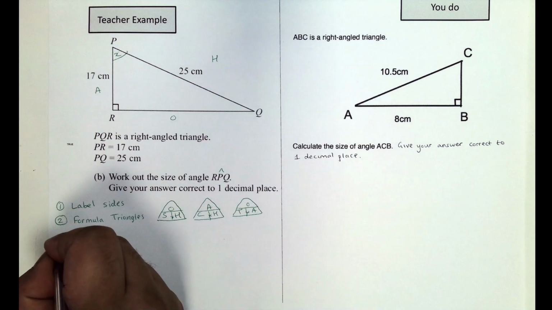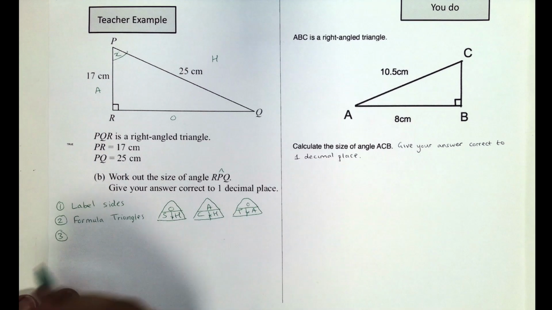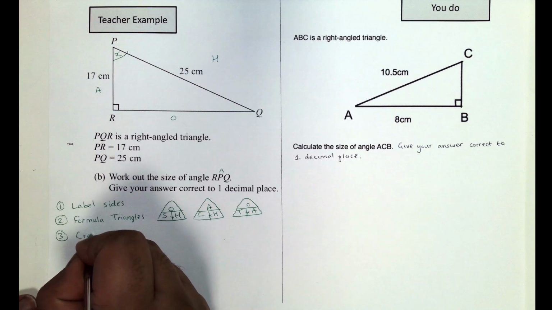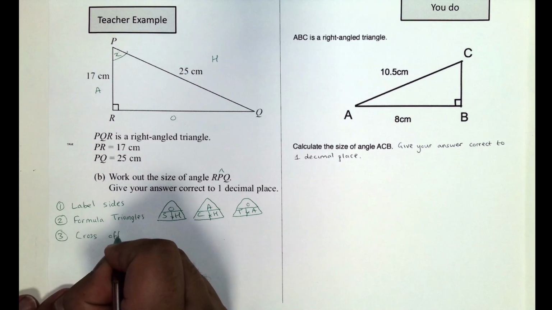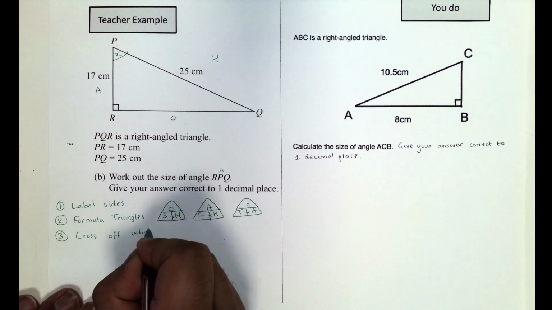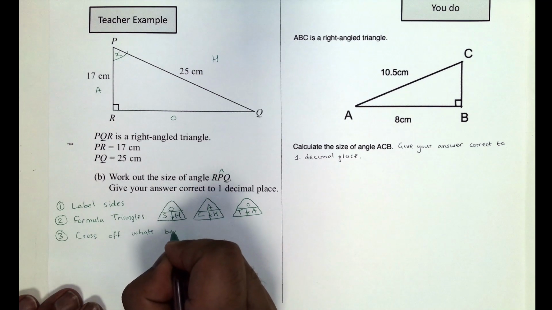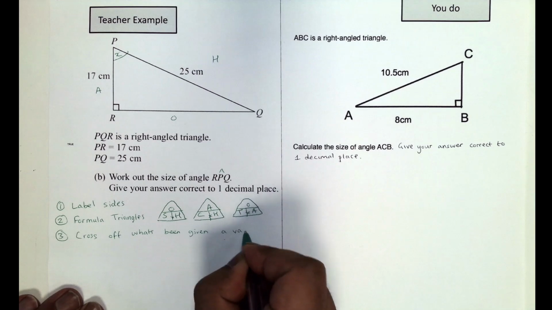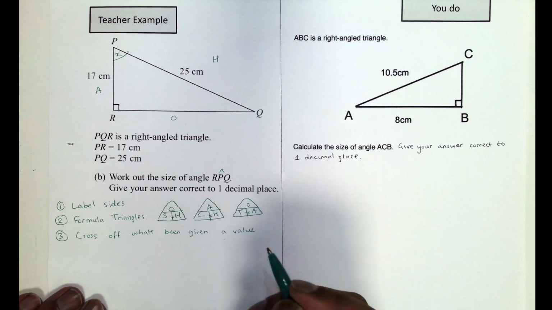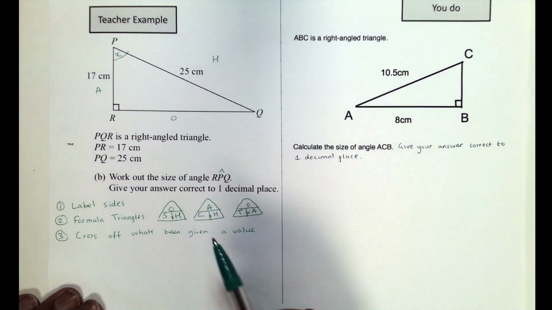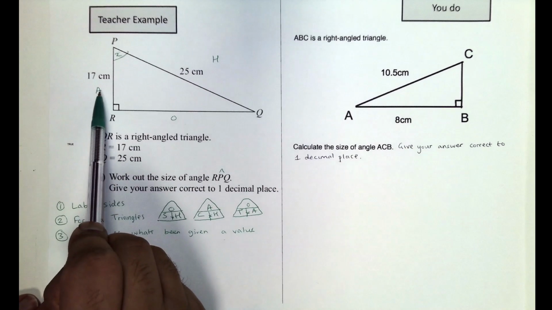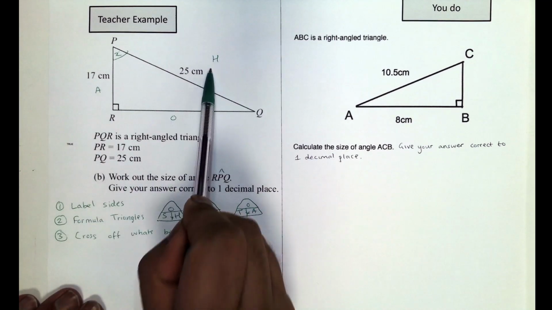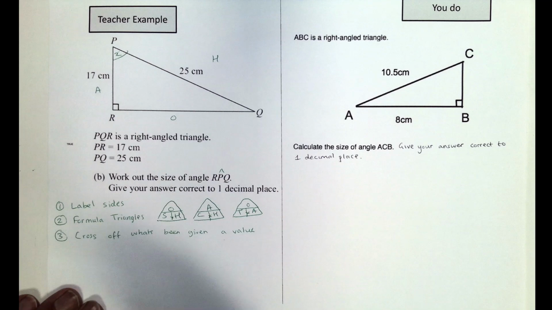Step 3. We want to cross off what's been given a value. So the letter that has a numerical value. We can see here the only ones that have a numerical value are A and H. O is blank, so we're going to ignore O for now.